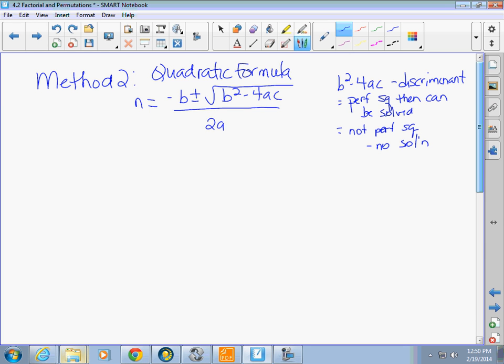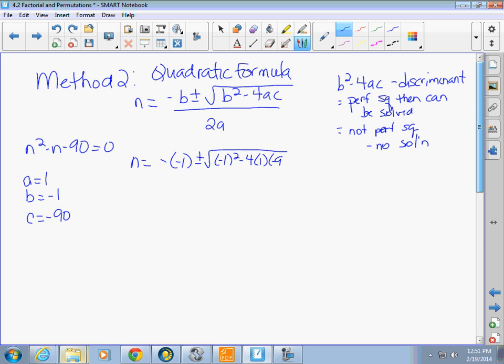So my equation was n squared minus n minus 90 equals 0. So that means a is 1, b is negative 1, c is negative 90. So I substitute into my quadratic formula. I have n is equal to negative negative 1 plus or minus the square root of negative 1 squared minus 4 times 1 times negative 90, all over 2 times 1.